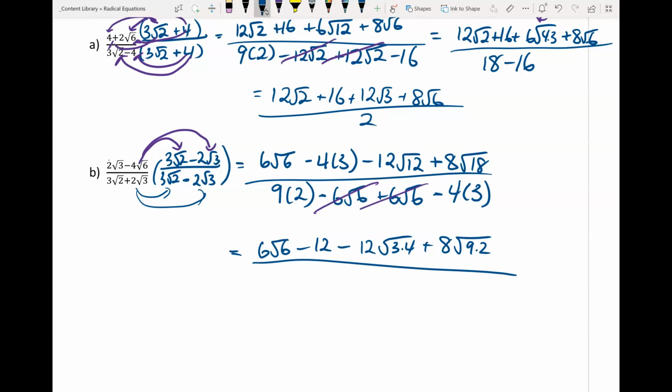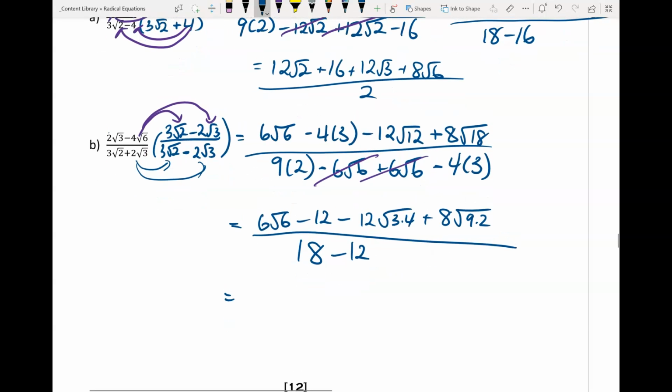So then we have 9 times 2, which is 18, and then 4 times 3, which is 12. So here we can take out this root 4. The root of 4 is 2. So we have 12 times 2, which is 24 then, and left with root 3.